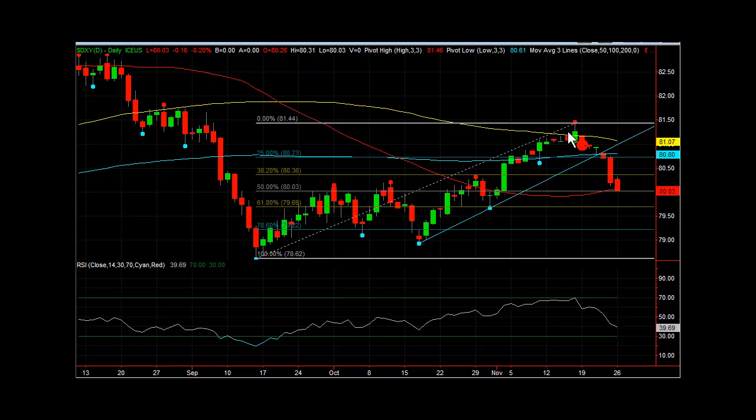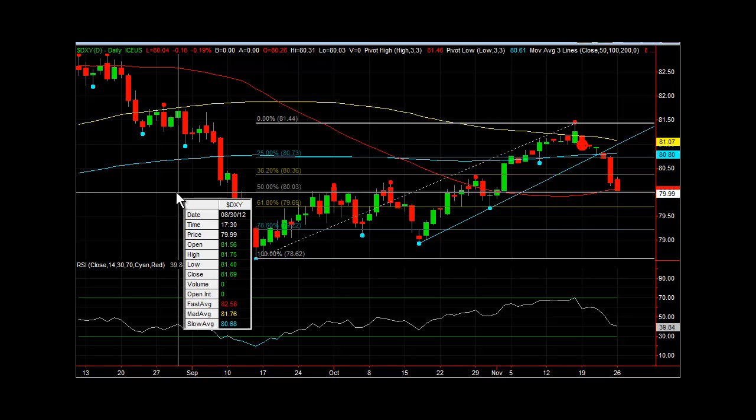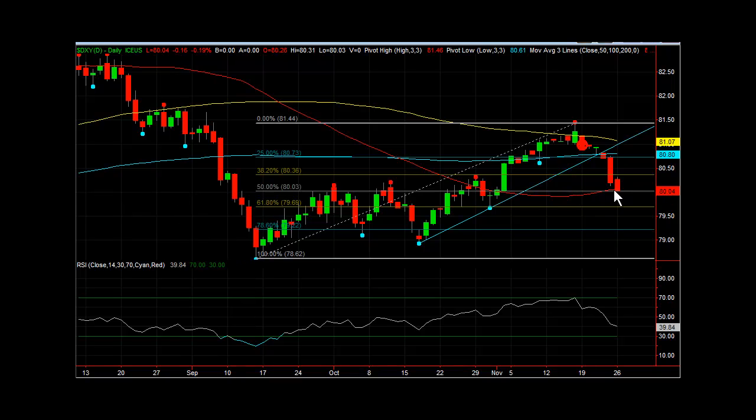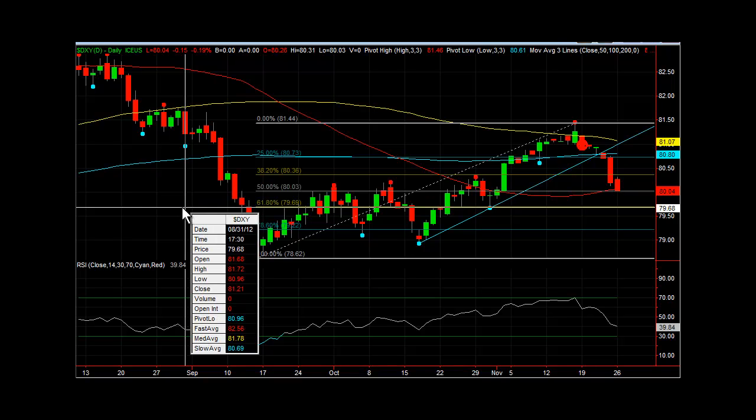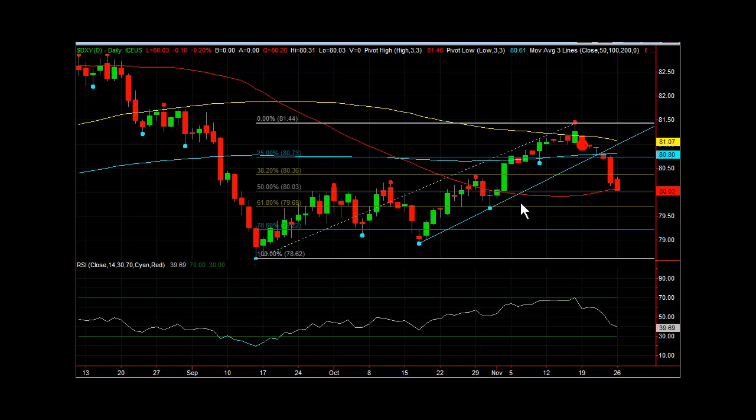So it's negatively correlated. So as the dollar goes down, U.S. equities go up. And right now we're just to the 50% retracement, coming into the 50-day moving average. Looks like it can easily get down here to the 618 to try to retest that, and has great potential to get back down here to the lows.